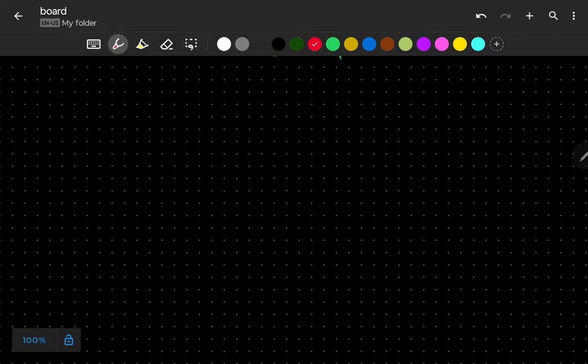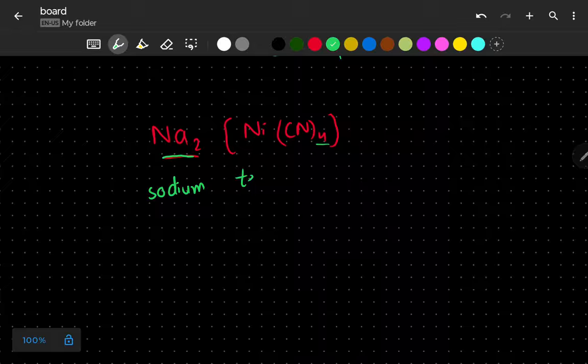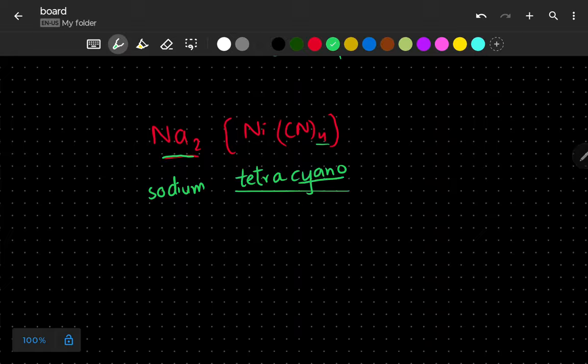Now for the next example, Na2[Ni(CN)4]. Again this is on the left side and will be named as a cation, sodium. Then the ligand: 4 for tetra, CN for cyano, and nickelate.